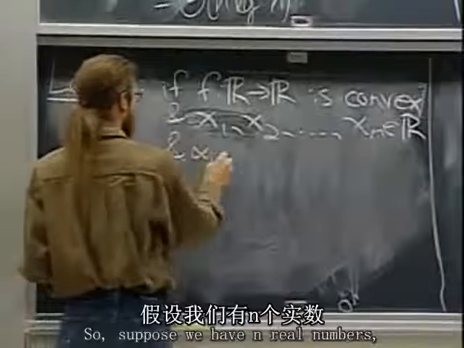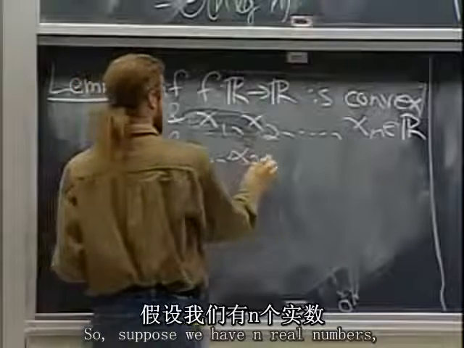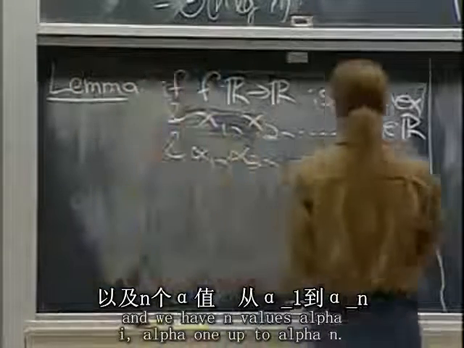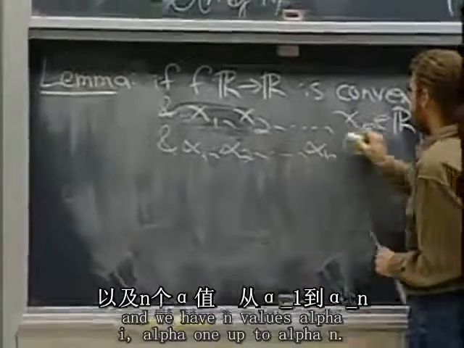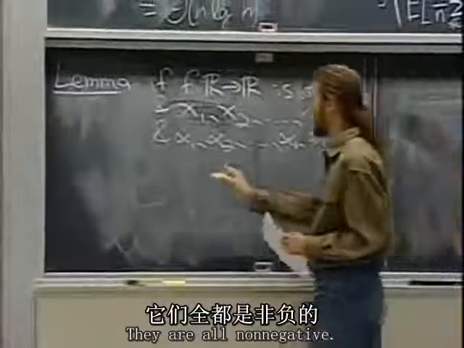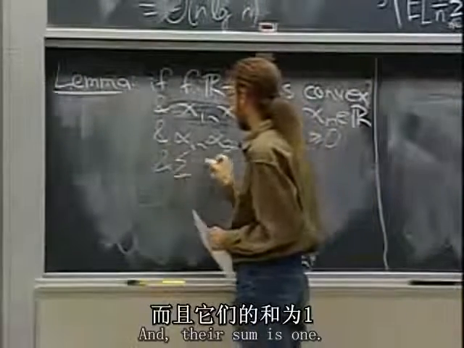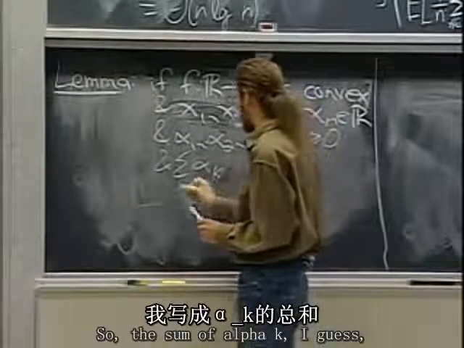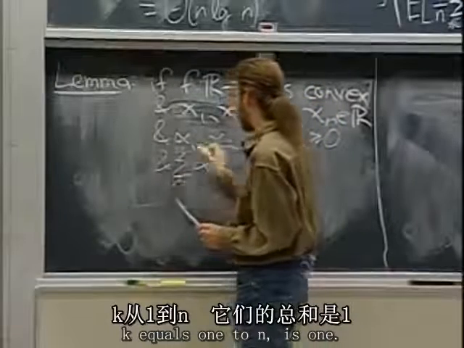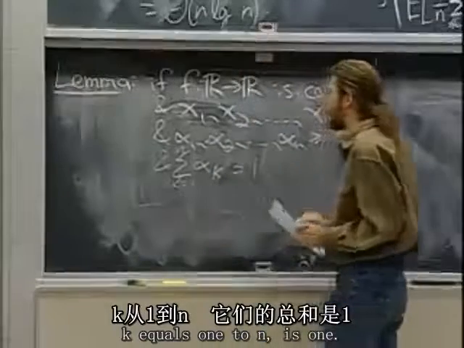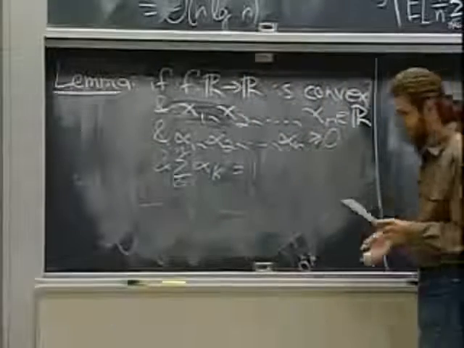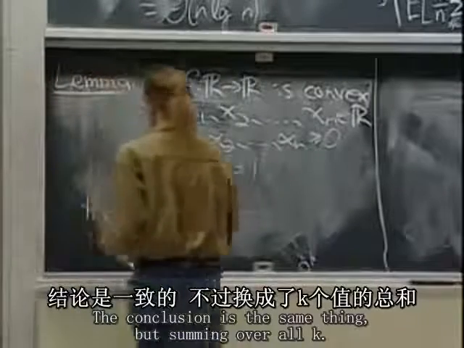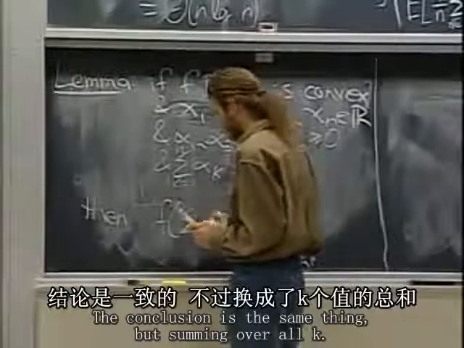So suppose we have n real numbers, and we have n values alpha 1 up to alpha n. They're all non-negative, and their sum is 1. So the sum of alpha k, k equals 1 to n, is 1. So those are the assumptions. The conclusion is the same thing but summing over all k.